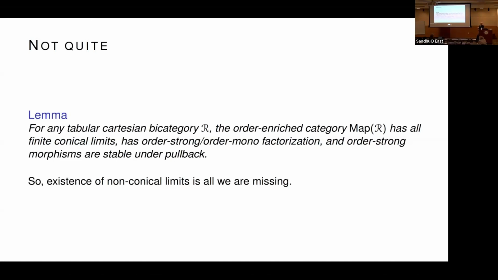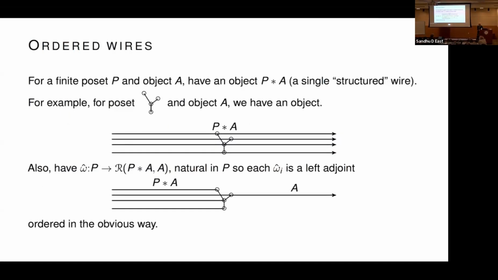When I'm thinking about rel, how do I talk about commas when I don't have the right data to do that? And here's what you do. For any poset P and any object in my category, I will build a little harness. What it does is it takes multiple copies of the object A, but it situates them in an ordered harness.